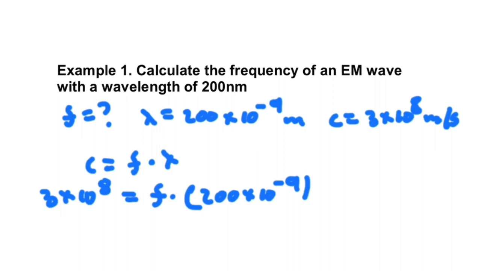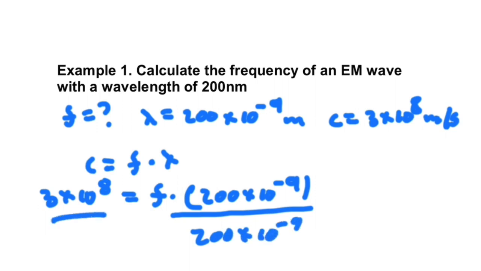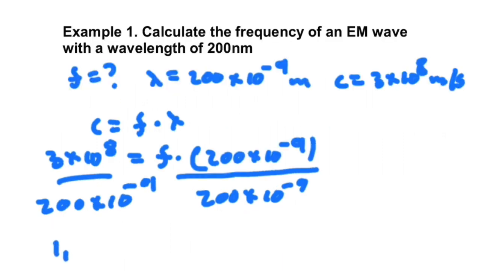All we need to do at this point is to divide both sides by 200 nanometers. So we are dividing by 200 times 10 to the minus 9. We get 1.5 times 10 to the power 15 hertz being our frequency. Frequency is still in hertz. It doesn't change.